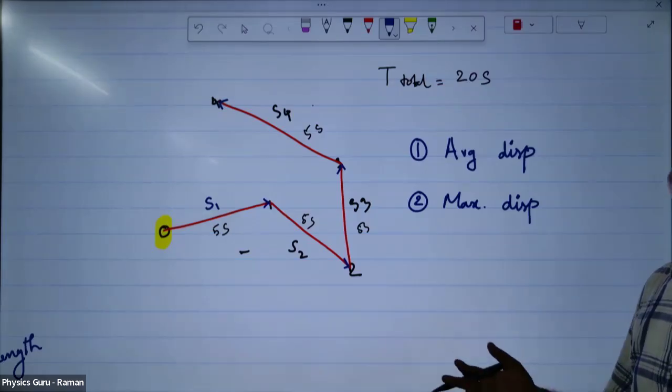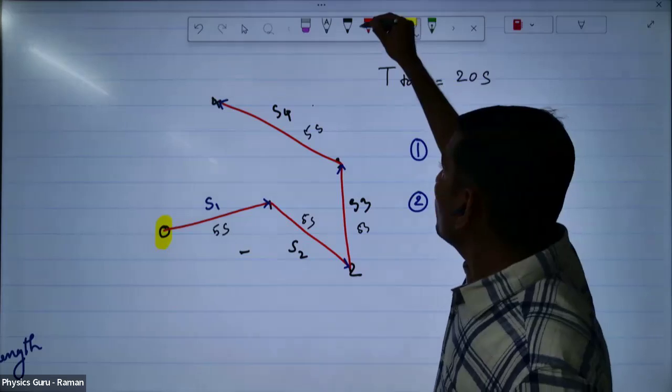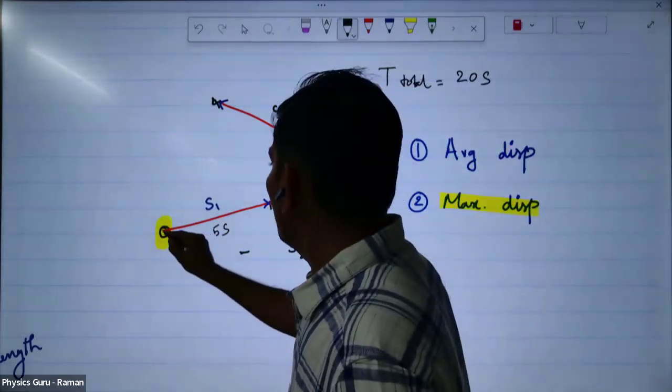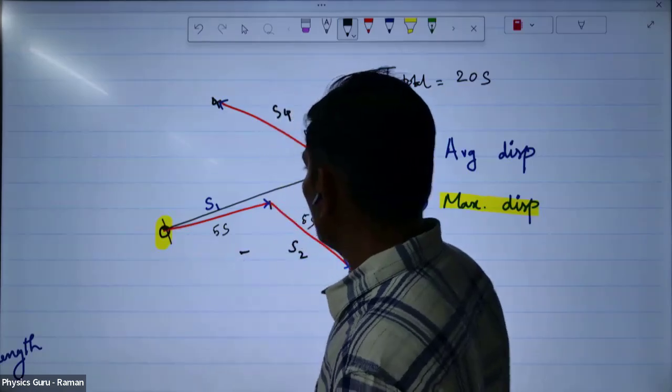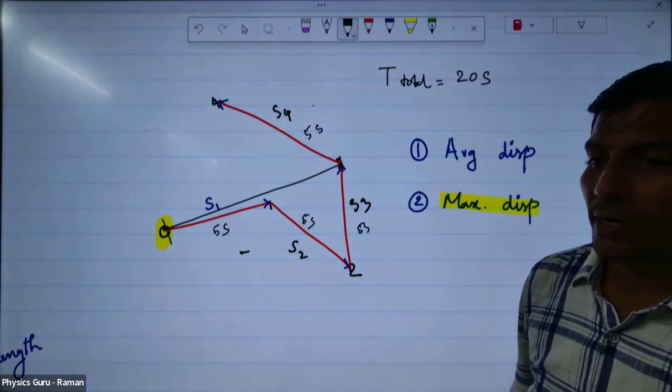Point 3, sir. Suppose when I ask you what is the maximum displacement, then you connect the origin and the farthest point. So this should be the maximum displacement. Correct?